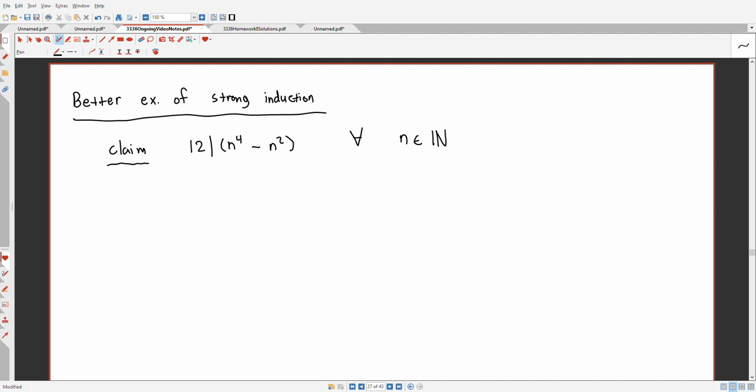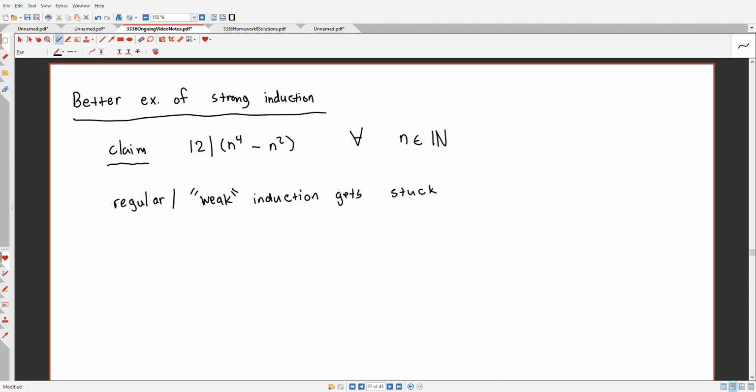So the point about this one is that if you try this using regular induction, it's really natural to get stuck once you go from your previous case to your next case. So regular, weak induction, get stuck. That's not to say you can't unstick it, but it takes more work to unstick it.